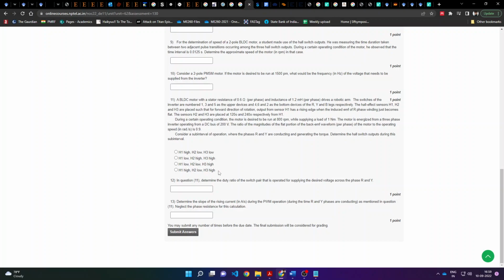The voltage across this can be calculated like the first problem we encountered. So this is the voltage across this. Based on that, you can write the equation for this circuit.